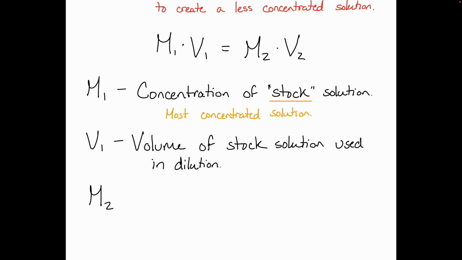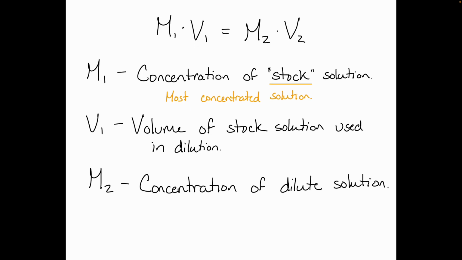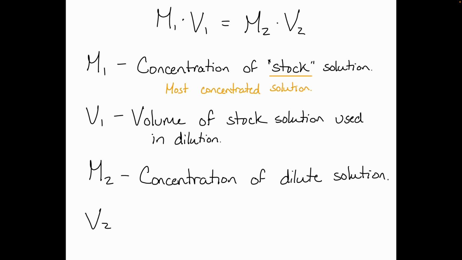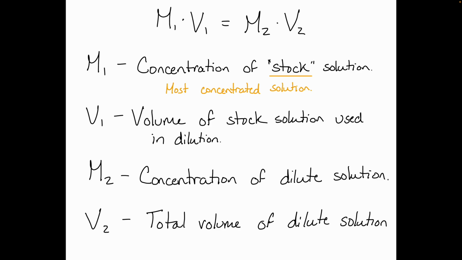Cool. M2, that's the molarity or the concentration of your dilute solution. And V2 is the total volume of that dilute solution that you've prepared. So this formula here will allow us to keep track of our concentrations as we're performing a dilution.